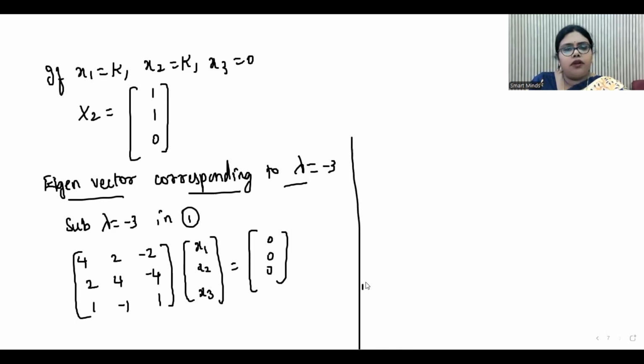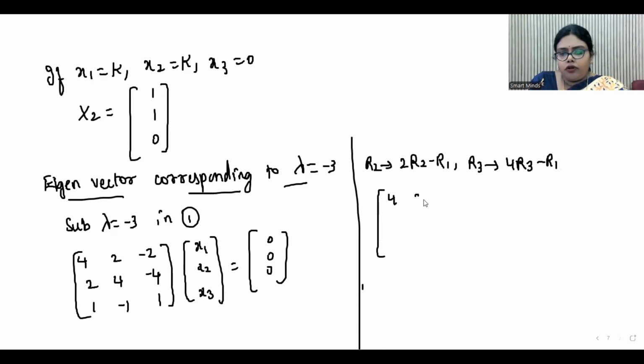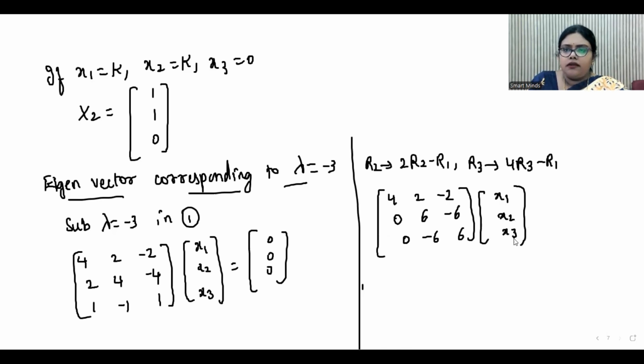Now again we need to reduce the first matrix. So R2 is 2R2 minus R1 and R3 is 4R3 minus R1. So that is 4, 2 minus 2, 0, 6 minus 6, 0 minus 6, 6 into x1, x2, x3 is equal to 0, 0, 0.